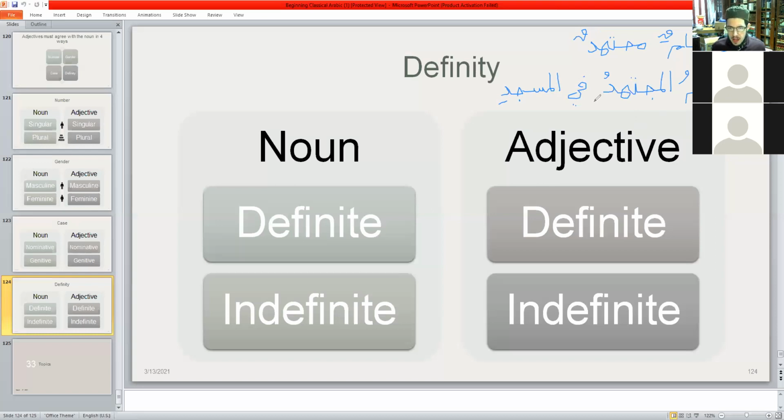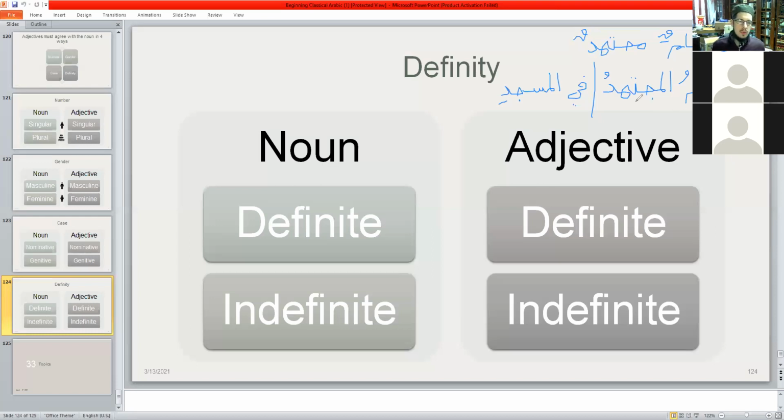We have our mubtada and our khabar. But the mubtada is a little bit more interesting and complicated than the mubtada that we have been working with before, because we've added now a sifa and a mawsuf. We have more information about the mubtada than just the name of the person or the occupation of the person or anything like this.